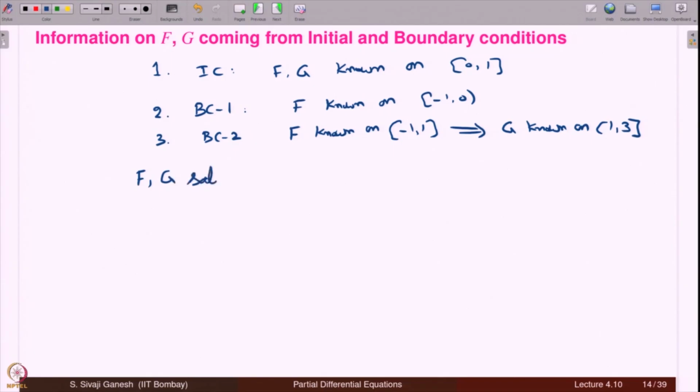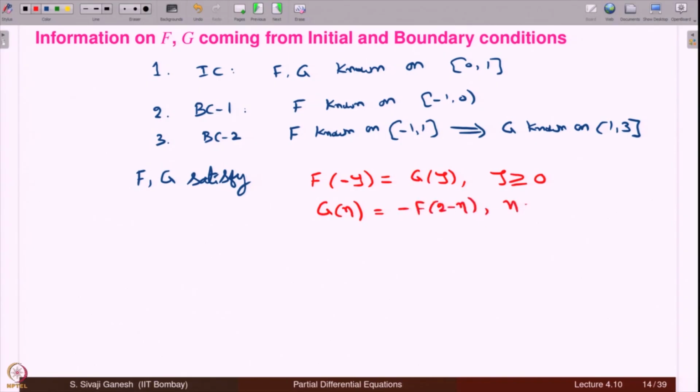What is that? f and g satisfy f of minus zeta equal to g of zeta, zeta greater than or equal to 0, and g of eta is equal to minus f of 2 minus eta, eta greater than or equal to 1. Let us call this as A, call this as B.